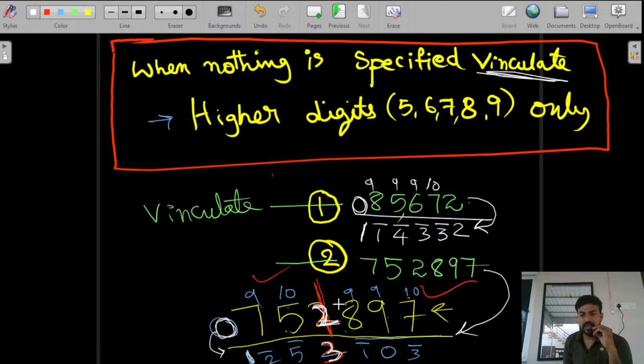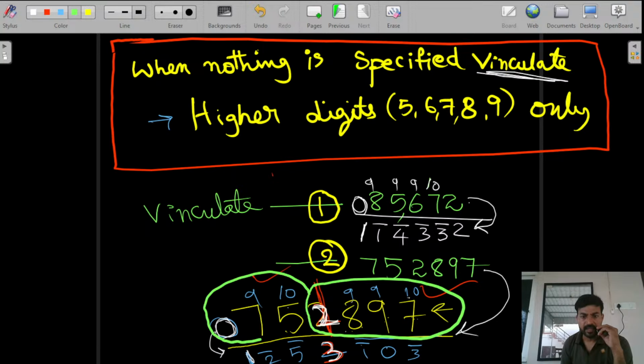Okay, here we applied all from 9, last from 10 on 2 parts. This is one part, this is another part, right?